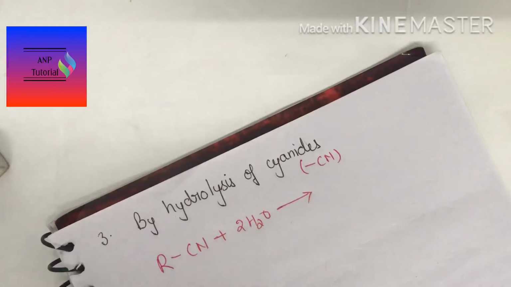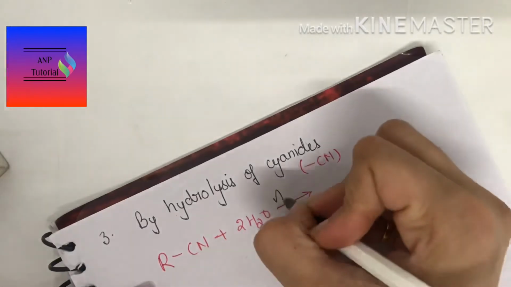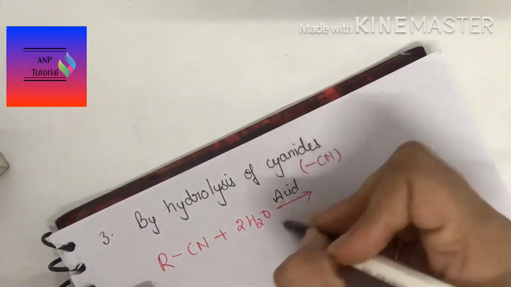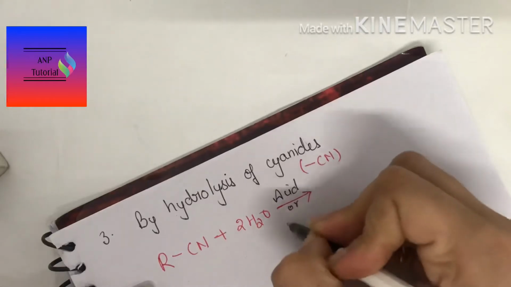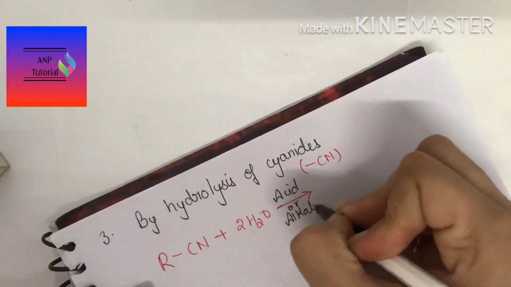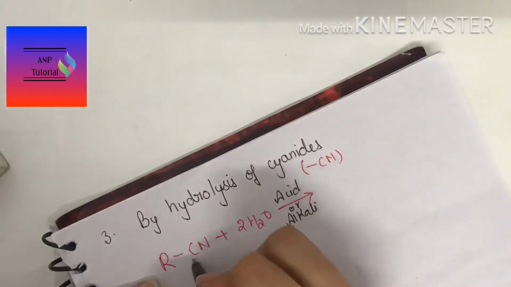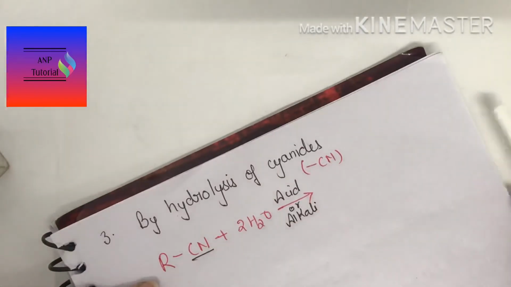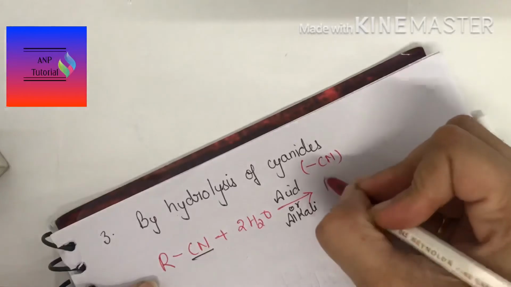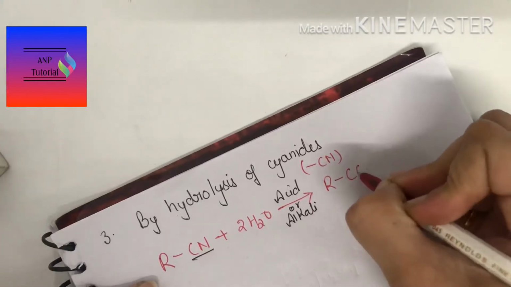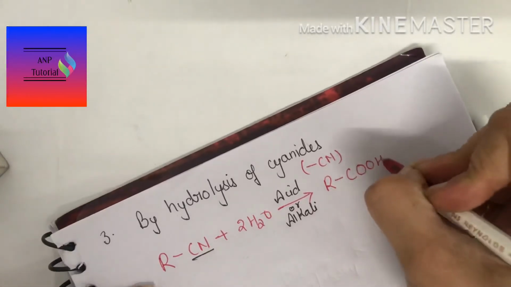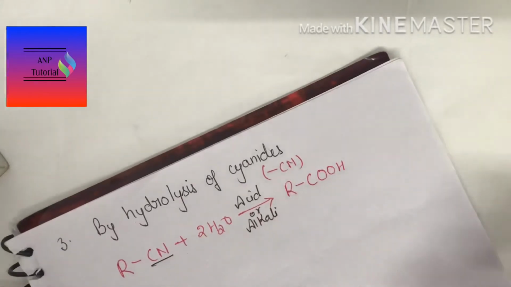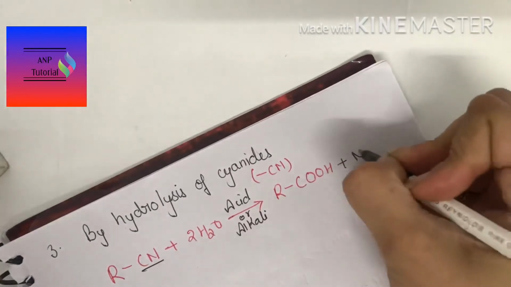Then carboxylic acid is formed. This reaction can take place in the presence of acid or alkali. Then this CN group changes into the COOH group, RCOOH, with ammonia.